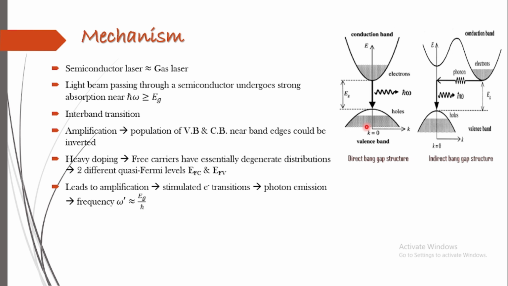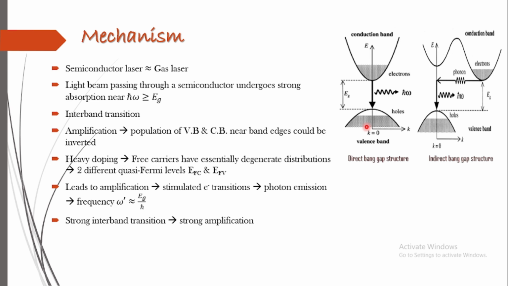The empty states are nothing but the holes. And we can say the photons are emitted which are of frequency omega dash equals Eg by h cross in the process. And since the interband transition is quite strong, we can observe strong amplification. So that is our expectation.